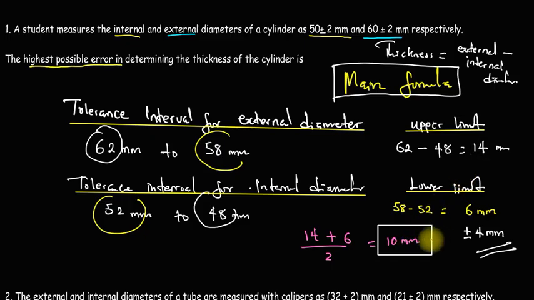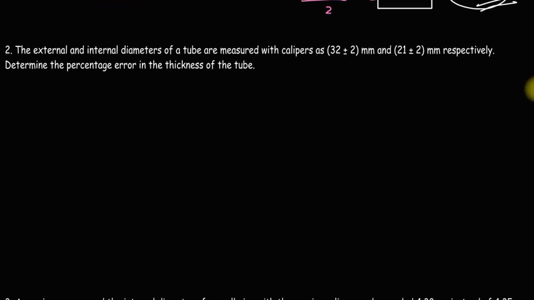And if you subtract 4 millimeters from 10 millimeters, we're going to get our lower limit, which is 6 millimeters. And therefore, the greatest possible error in determining the thickness of the cylinder is plus or minus 4 millimeters. I hope it's clear enough. So let's take another example to make sure you understand what we're doing here.